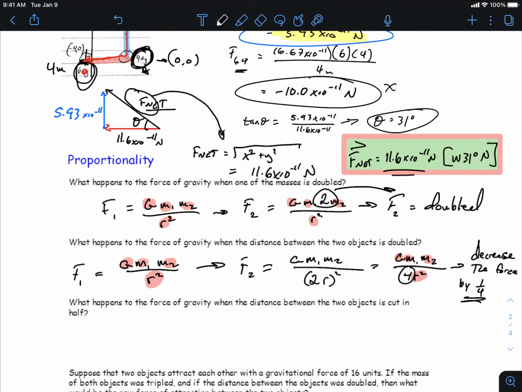Okay, but what happens to the force of gravity when the distance between the two objects is cut in half? Well, let's see what happens, right? So if we're going to move the two objects closer together, same thing.